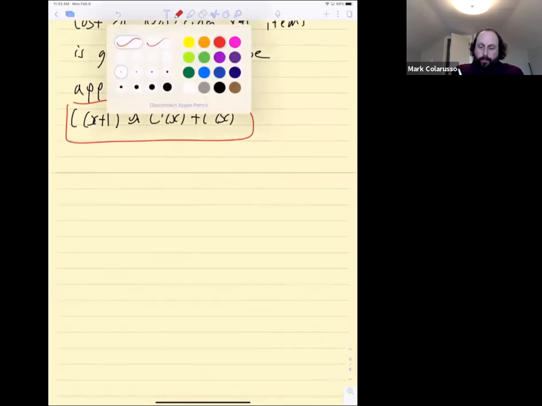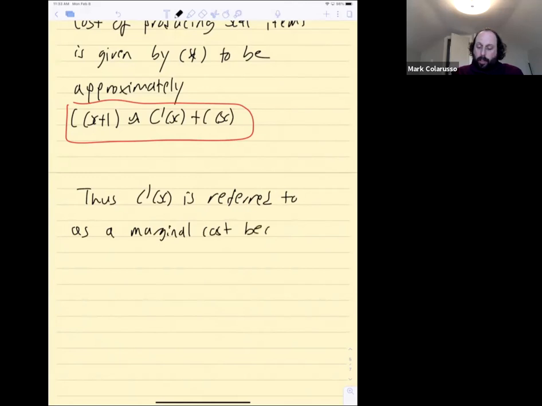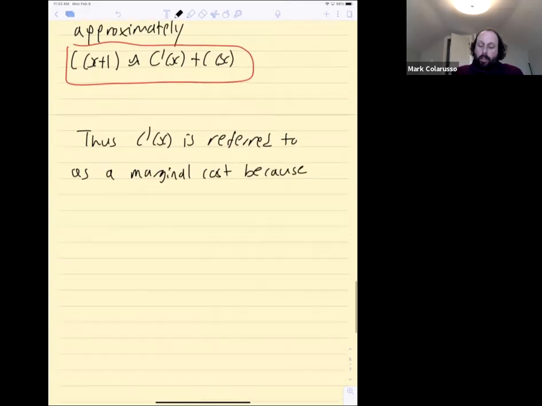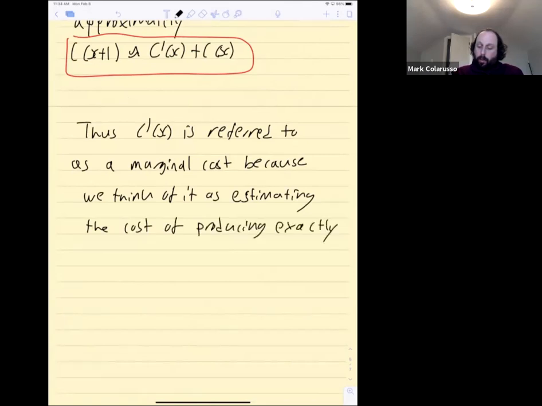And thus, C prime of X is referred to as a marginal cost because we think of it as estimating the cost of producing exactly one more item.